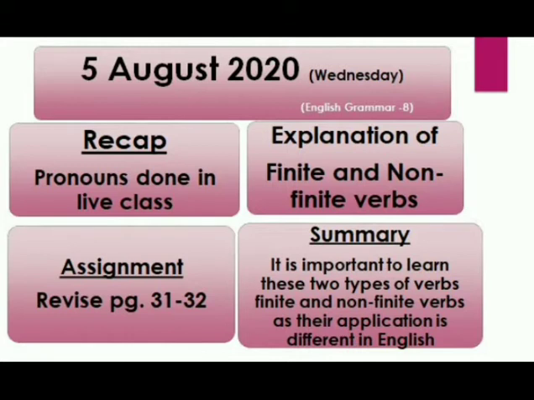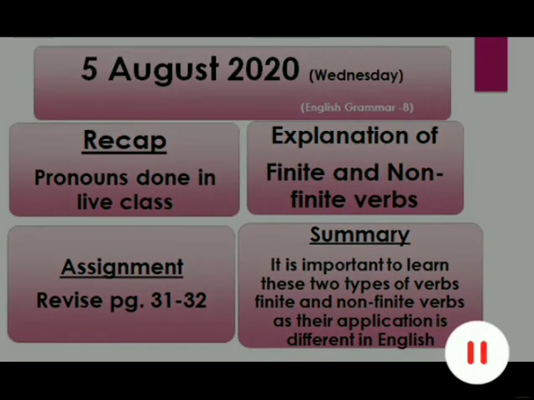It is important to learn these two types of verbs, the finite verbs and non-finite verbs, as their application is different in English. So, let's see how these verbs are different to each other and how they are used in English.